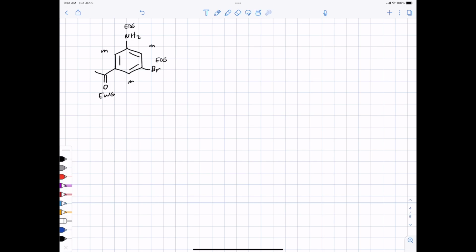Because if I added one of these donating groups first, there's no way the other groups could be meta. So I want to start using my derivatization reactions to think, could any of these groups have previously been something that was withdrawing? Right? Because if we do the hydrogen and palladium on carbon, then that could have been a nitro group.